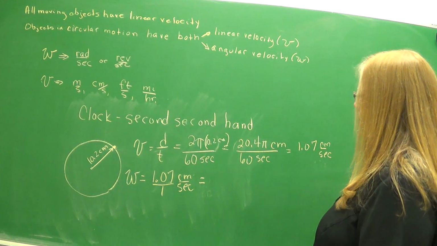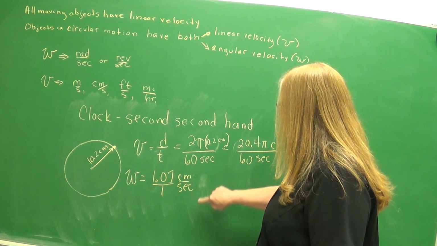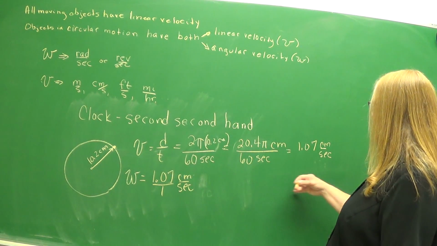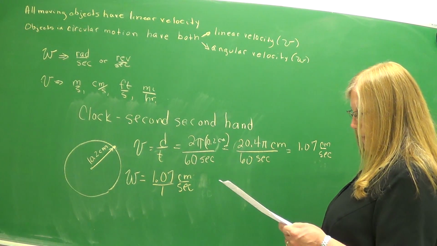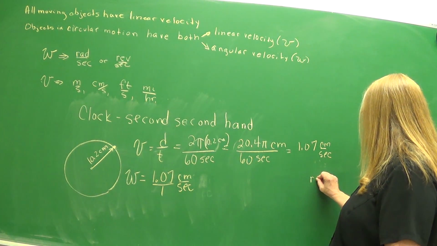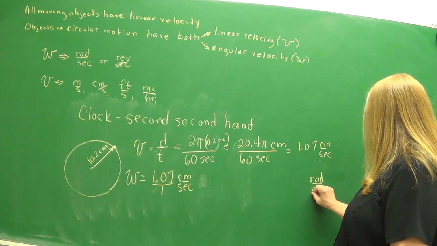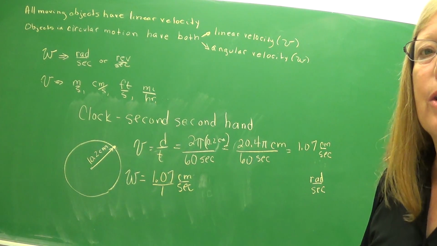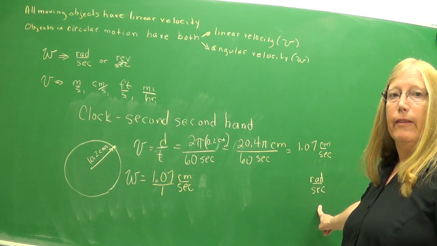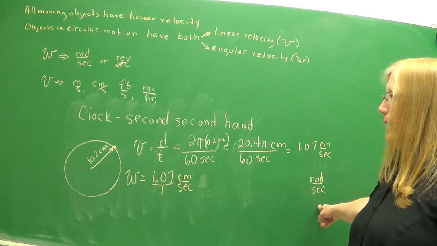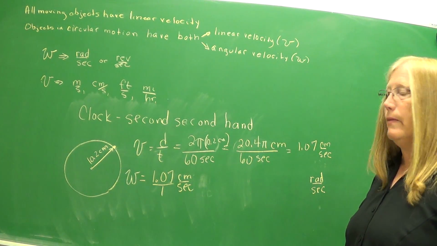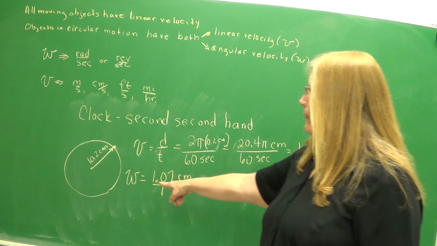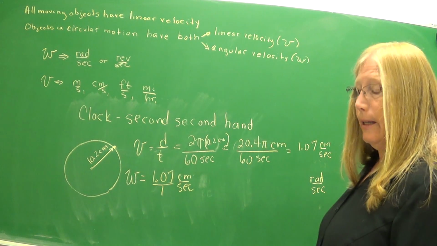So I'm going to do some sort of operation to change that, and we'll do it first in radians per second. The problem doesn't specify which kind you're trying to find, revolutions per second or radians per second. You have your choice, but I'm saying I want to know angular velocity in radians per second.